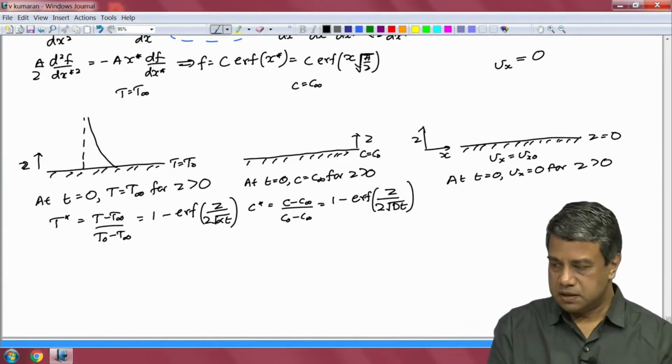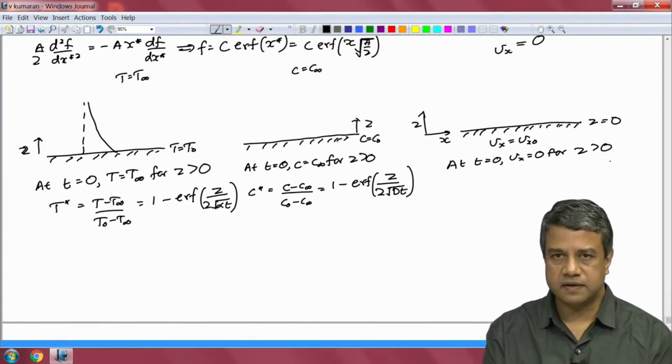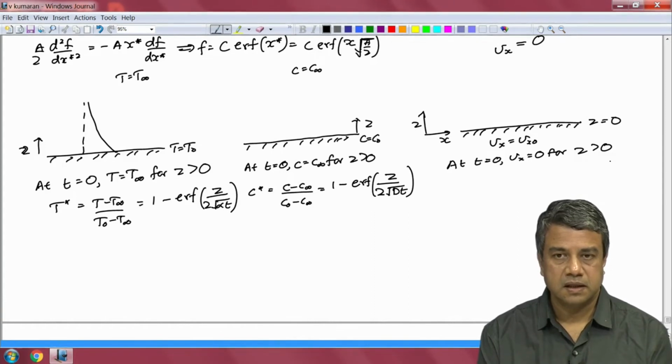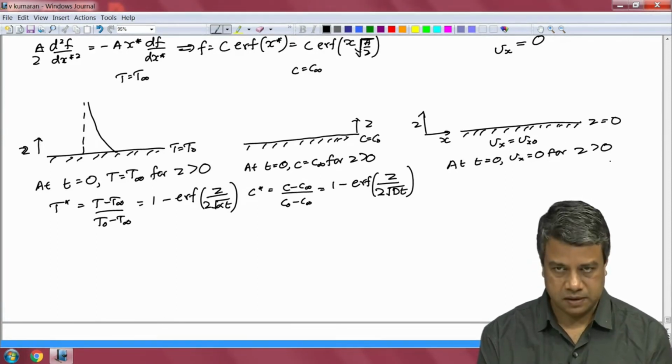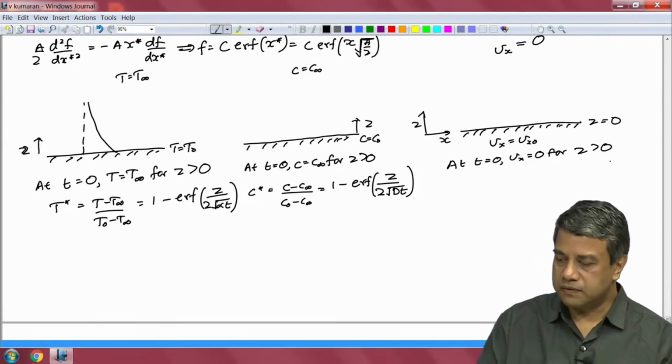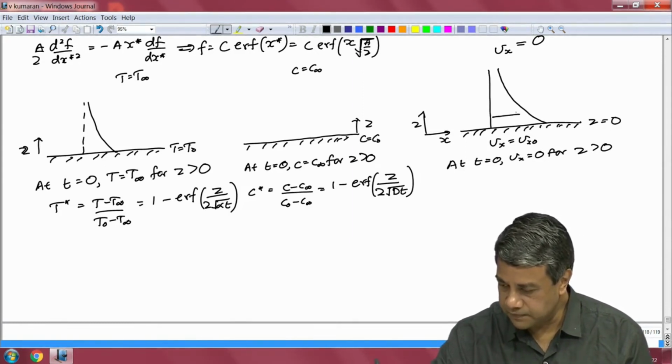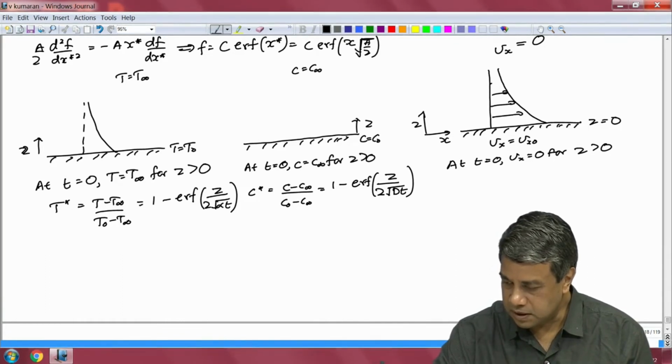So, the physical configuration is you have a flat surface, initially stationary, and at time t is equal to 0, instantaneously you move the surface with a velocity Vx naught. And then you want to find out what is the velocity profile in the x direction as a function of position and time.